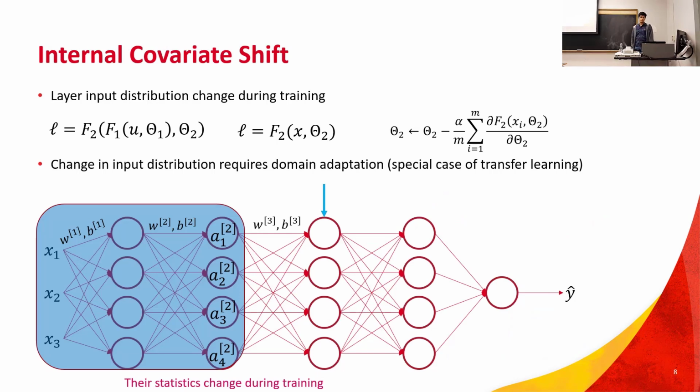So internal covariate shift arises when they actually introduce another problem. When we have deeper networks, we are dealing with internal covariate shift, and that's because our hidden layers have inputs that are always changing. Imagine in this network we want to train, we are considering the third layer, and we don't know about the first two layers.